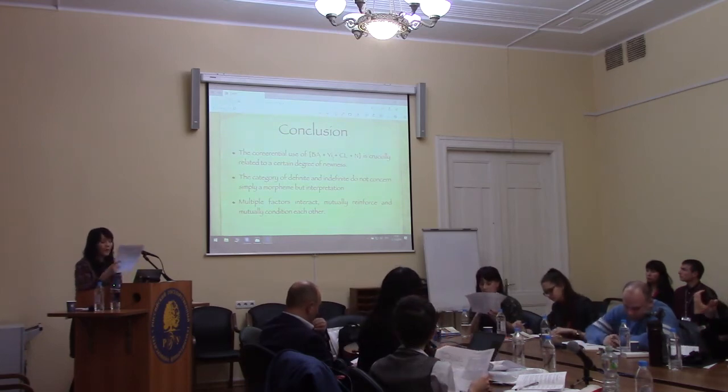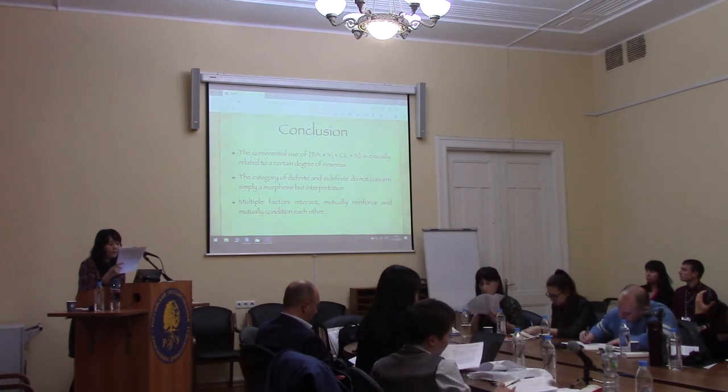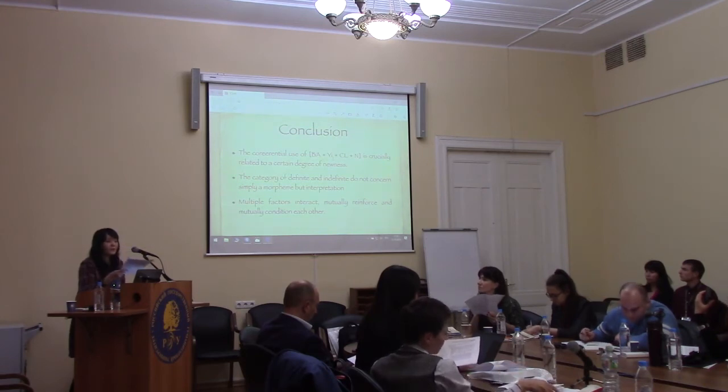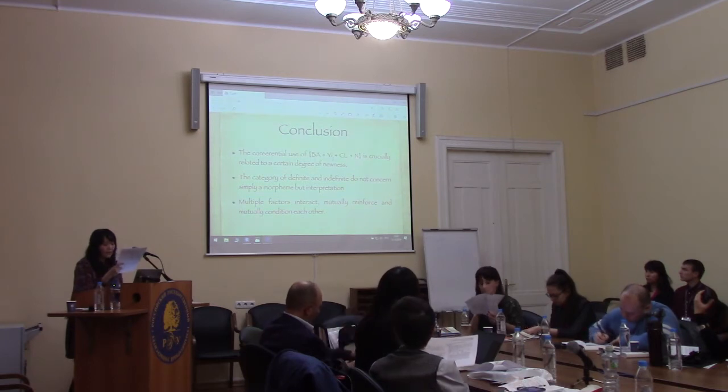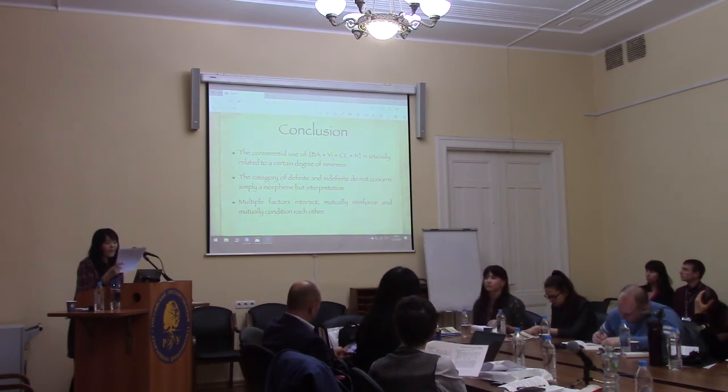The syntax of the whole sentence, as well as the broader context, plays an important role in a language without articles like Chinese. So multiple factors interact, mutually reinforce, and mutually condition each other. This forms a complex system of the interpretations of noun phrases as definite, indefinite, specific, non-specific, generic in Chinese. And so much for my presentation.